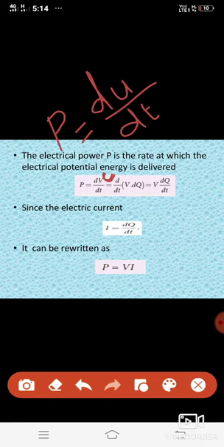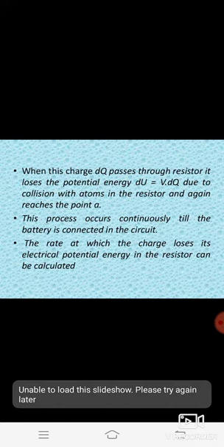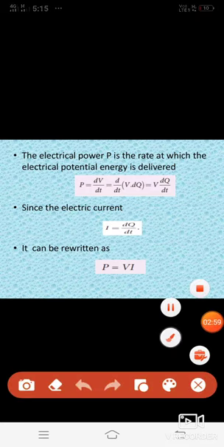Okay students, the electrical power is the rate at which the electrical potential energy is delivered. So what is electric power? The electrical power P is the rate at which the electrical potential energy is delivered. We can write P is equal to dU divided by dt. Already you know the formula for U, that is dU is equal to V into dq. Substituting it in this equation, we can write P is equal to d by dt of V into dq.